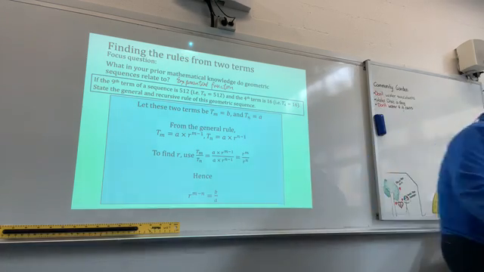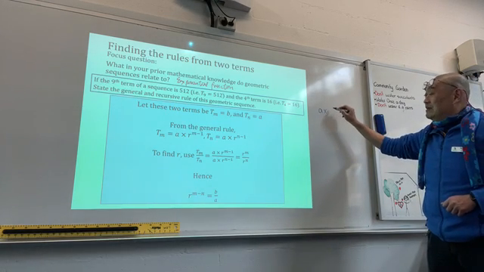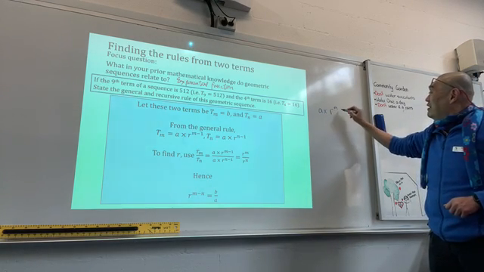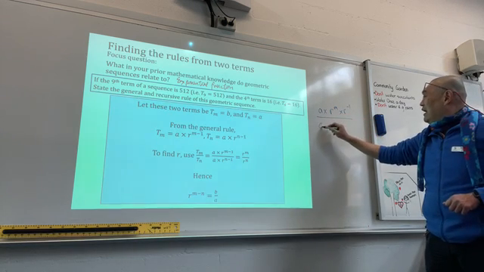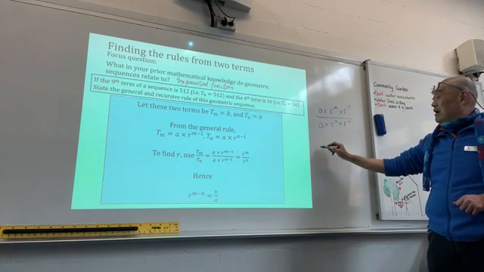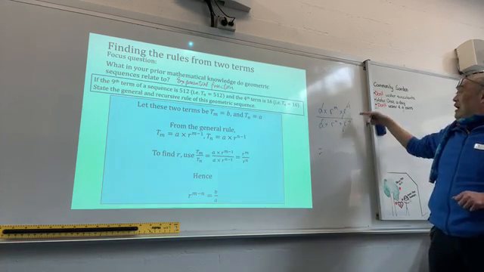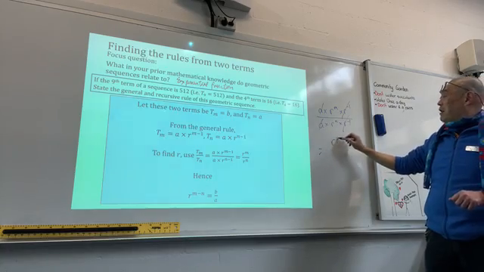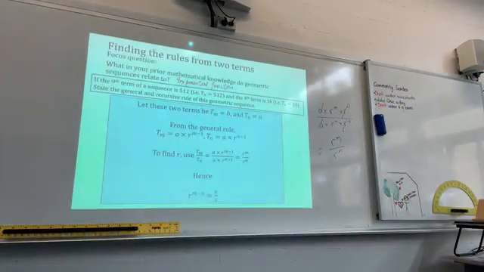Now, if you do not believe me, this is what you do. A times r to the power of m times r to the power of minus 1 over A times r to the power of n times r to the power of minus 1. And therefore, you can cancel off the A, r to the power of minus 1, leaving r to the power of m over r to the power of n. Am I right? Yeah. Thank you.